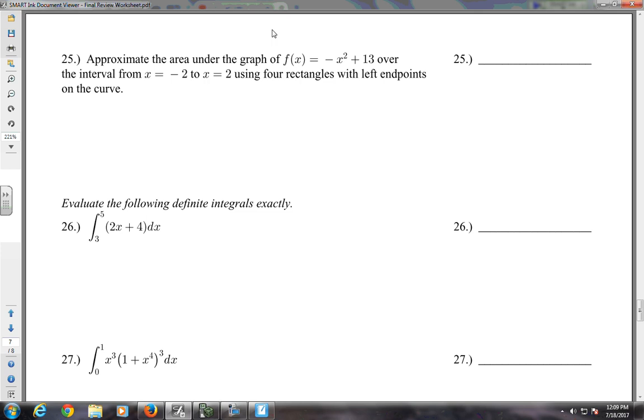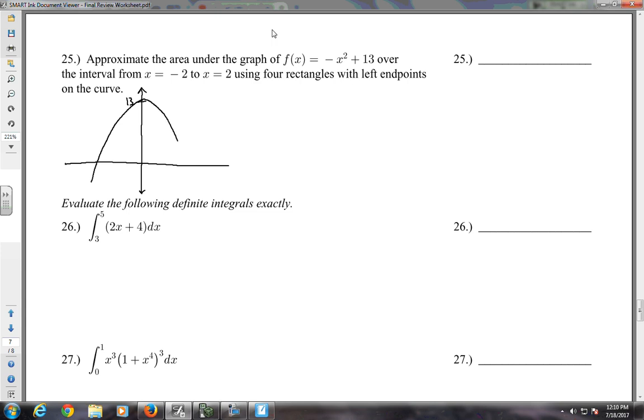So the first thing I want to do is to construct, at least approximately, the graph of negative x squared plus 13. Notice this is a parabola that opens down. We know it opens down because of that negative leading coefficient, and it's been translated up the y-axis by 13 units. So I'm going to construct a parabola opening down with y-intercept 13, again, approximate, between negative 2 and 2.